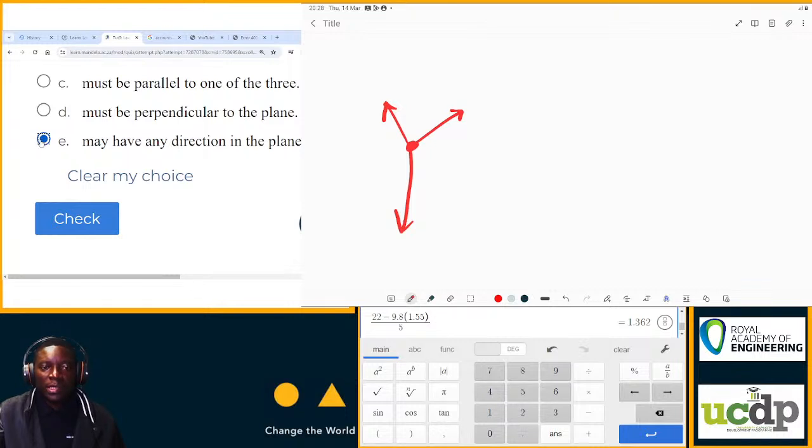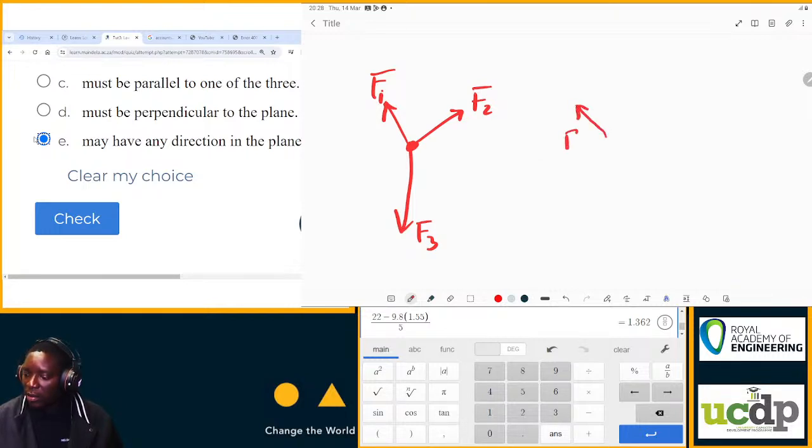So the proper answer is that the resultant can take any direction, because it will depend on the magnitude of each of the forces and the angle at which it acts. If you take F1, add F2 in that direction, plus F3 in that direction, their resultant can add to 0 if they make a closed triangle like that.